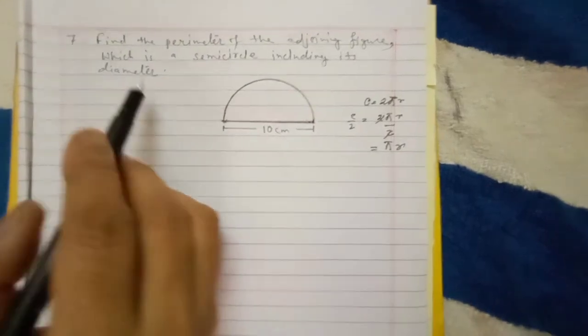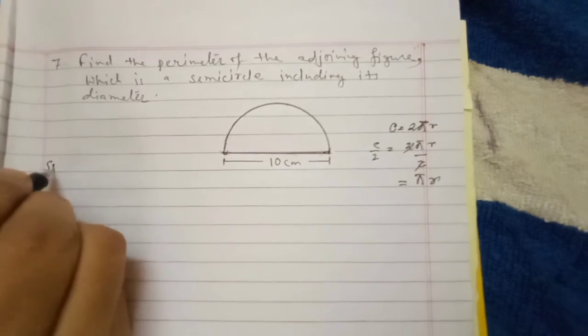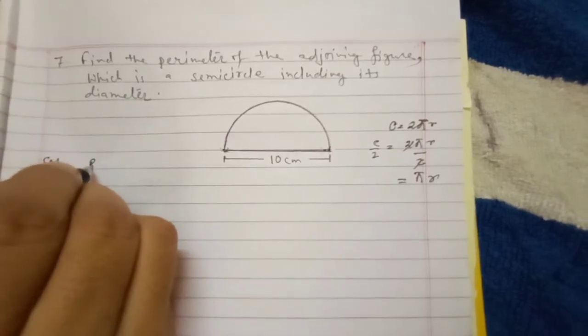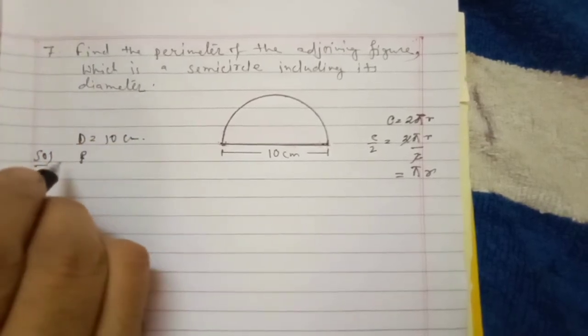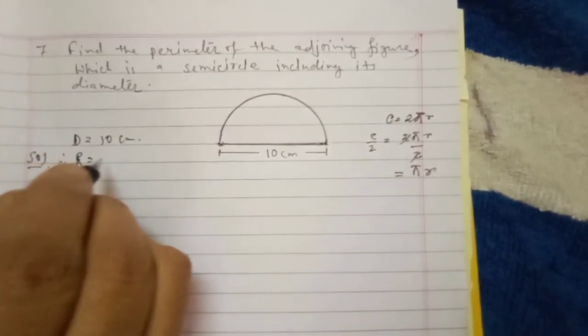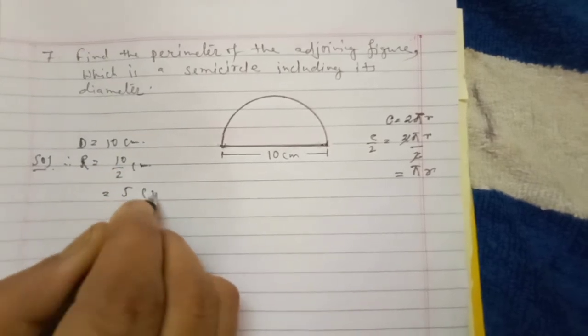Understood? Now find the perimeter of the adjoining figure. Solution. Radius of the circle: diameter is given as 10 centimeter. Therefore radius is 10 by 2 centimeter, that is 5 centimeter.